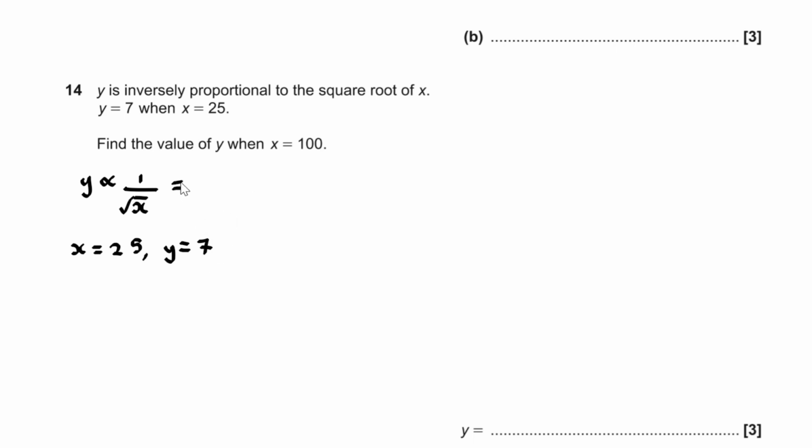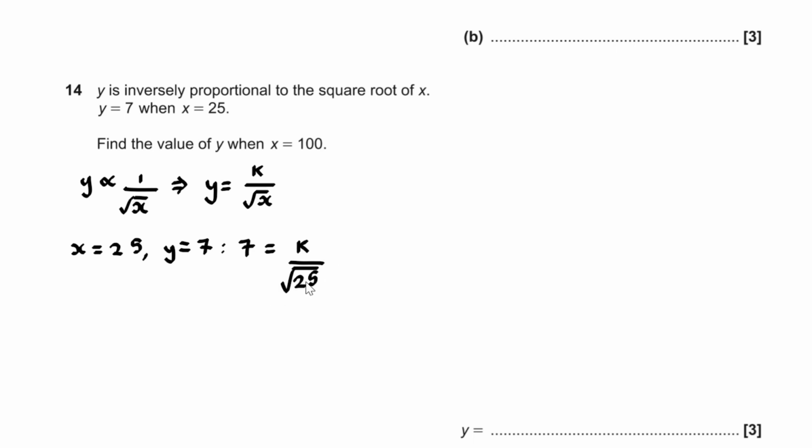Well, from here, we can conclude that y is equal to k over the square root of x. And this is quite helpful. What we can do with this is find out the value of k. So, we have 7 equals k over square root 25.